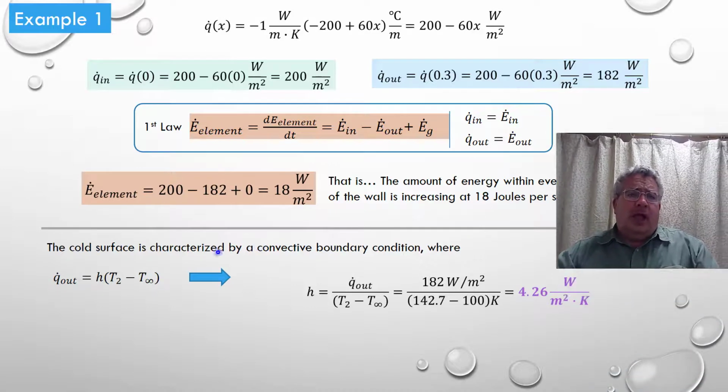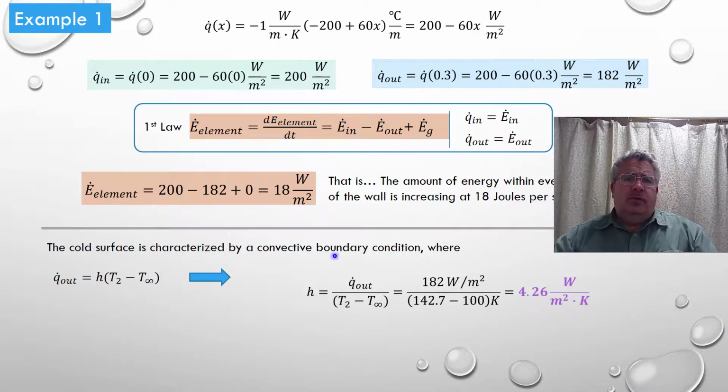Now, the last thing it says is that the cold surface is characterized by a convective boundary condition. So what they're telling us is that the outside surface, the free stream condition is 100 degrees. So we have that. We have T2. We know what the wall temperature is on the right-hand wall, and we know how much energy has to go out the right-hand wall.